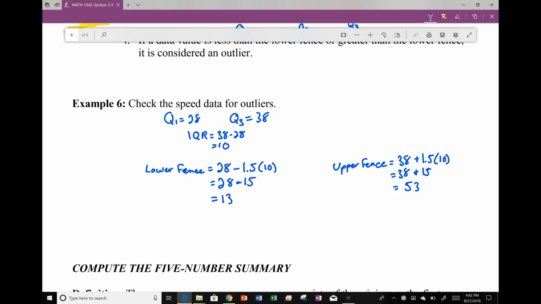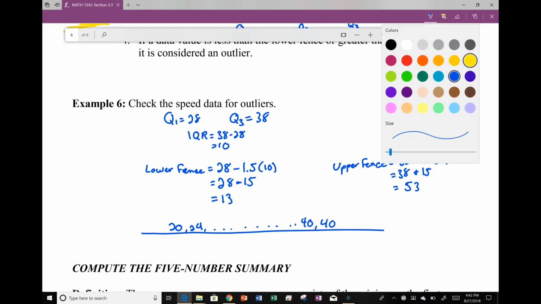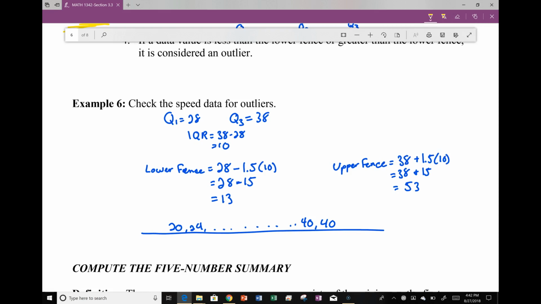So when I look at this and write down my data values that I have for those speed limits or the speeds of the people, we had 20, 24, all the way up to, we had 2 different 40s. Okay? Now if I include my fences, my lower fence is down here at 13. My upper fence is here at 53.